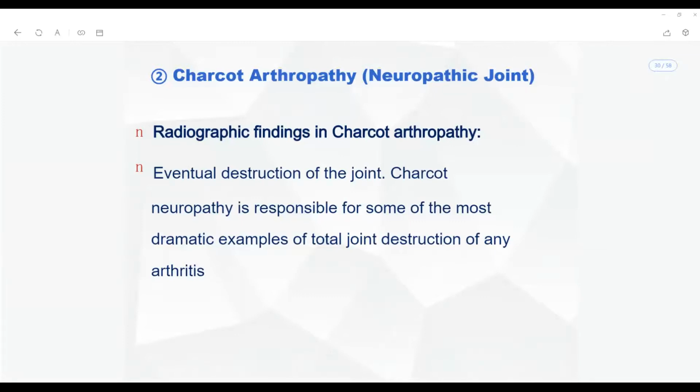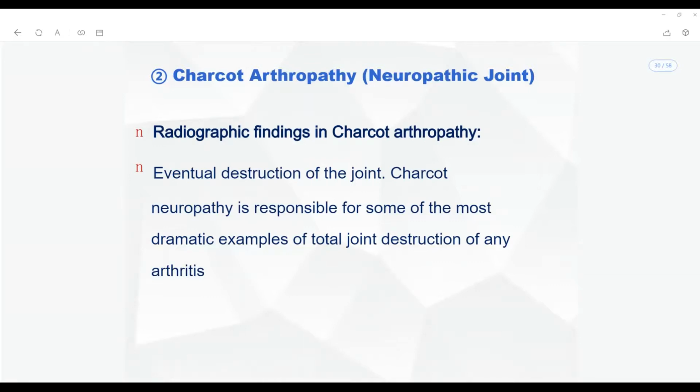Can somebody tell me what the Charcot's triad is? Fever, jaundice, and abdominal pain. Perfect. Fever, jaundice, and abdominal pain is called Charcot's triad.